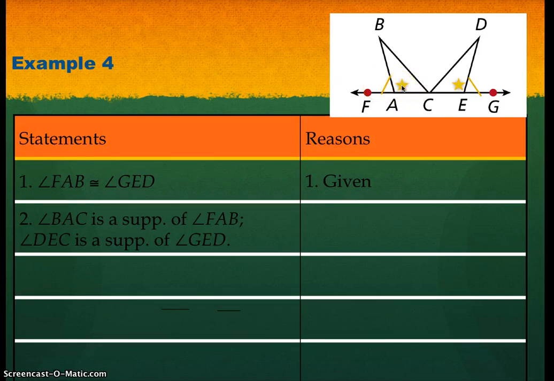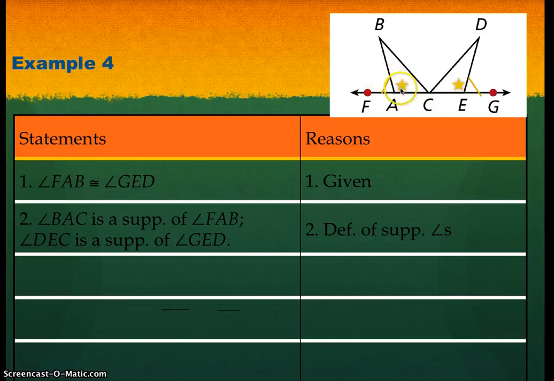So we can know that the angles inside the triangle are equal because they are supplementary to the angles outside the triangle. And that is the definition of supplementary angles. Remember that supplementary means adds to 180. So because angle FAB and angle BAC together make the straight line across the bottom, FC, well, a straight line is 180 degrees.